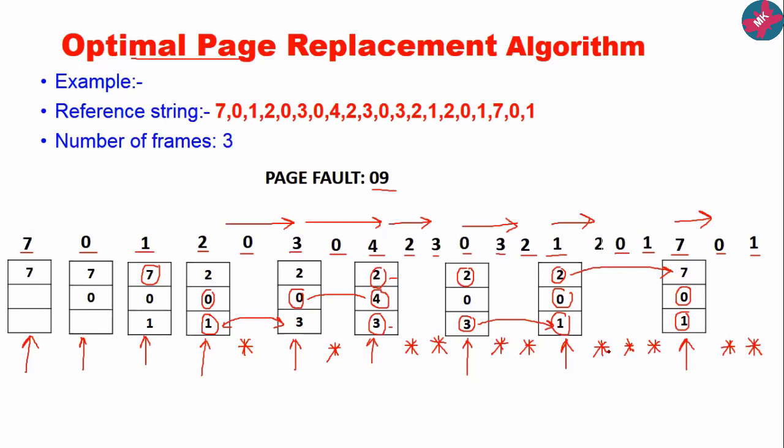So this optimal page replacement algorithm gives us the best result in all the 3 page replacement algorithms. But since it looks in future, it is very difficult to know what will be the page requirement, isn't it? So hence it is difficult to implement. So this is all about the optimal page replacement algorithm.